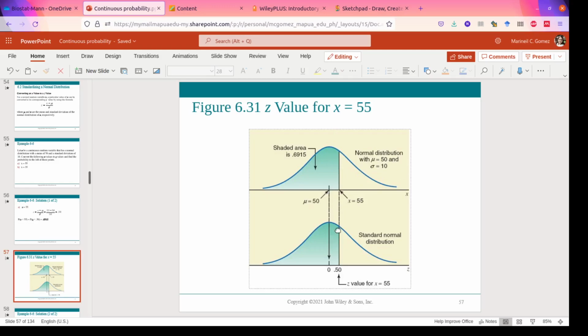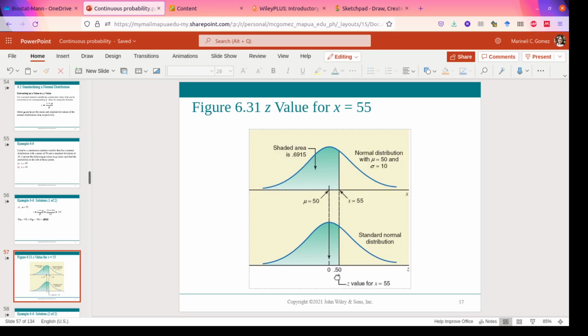So we just superimpose the bell curve of our experiment onto the standard normal distribution. You put it at the mu of 0, whereas for our bell curve the mu is 50.